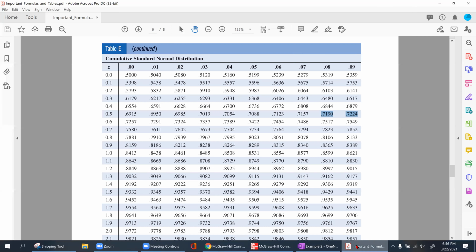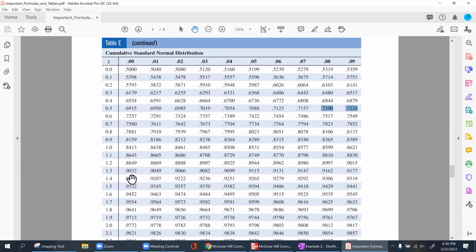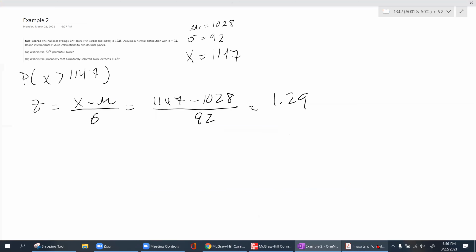Where's my formula sheet? There we go. I'm going to go to 1.29, which is here, 1.2 and then 0.09, so that's 0.9015. But it's 0.9015 for everything less than that, and I don't want less than that.